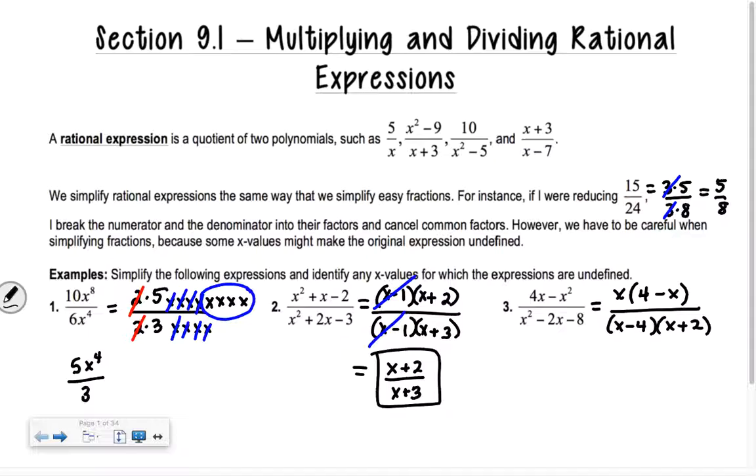Yep, that's right. So let's take out a -1 from the top one. So I'm going to pull out a -1, and when I do you see how I'd have -4 plus x like that if I pulled out a -1? So this one right here. If I pull out a -1, I have -4 plus x. Well, isn't that the same as x plus 4?